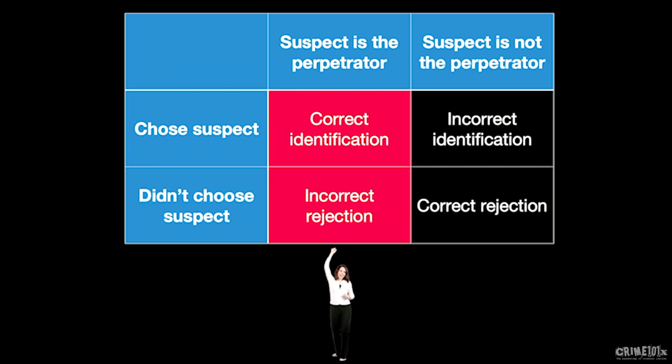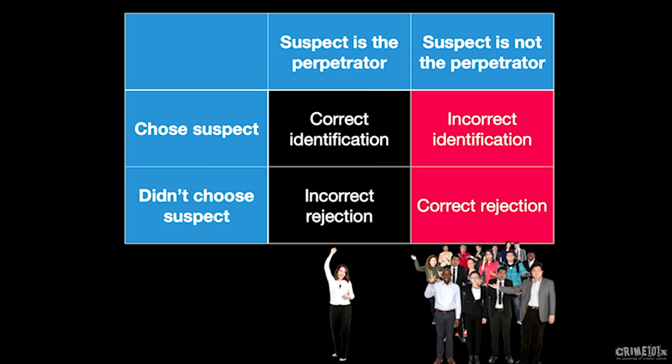We'll get one person, the actual murderer, in the first column of the contingency table, where their lineup will either correctly identify them as the murderer or incorrectly indicate they are innocent. Then everyone else, all the innocent bystanders, will be in the second column. Their lineups will either confirm they are innocent with a correct rejection or incorrectly identify them as the murderer.